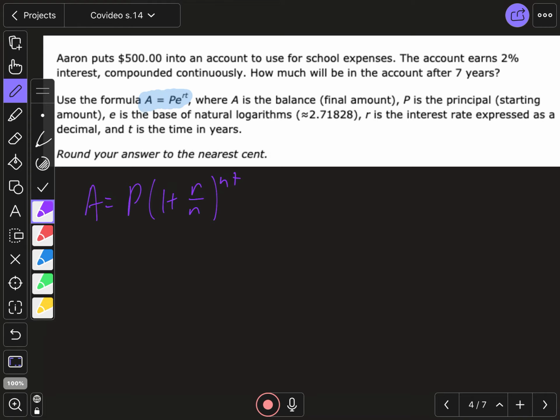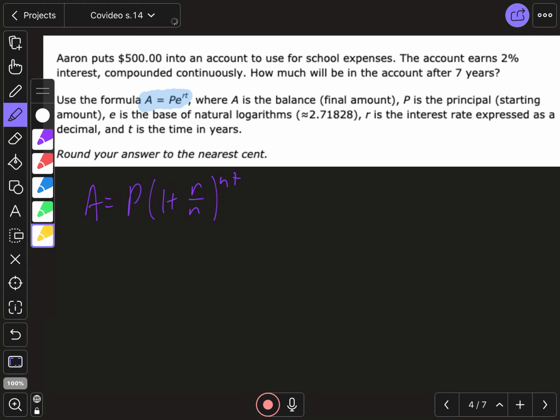So we have this e value here, this theoretical limit to how much money could grow. You'll notice that what is similar between the two formulas is that they both have a P value. So how much money is being invested, at what rate is it being invested, and then how long is it being invested.